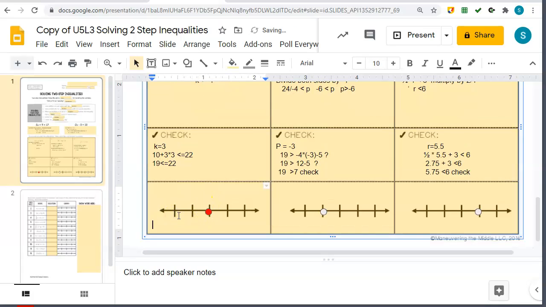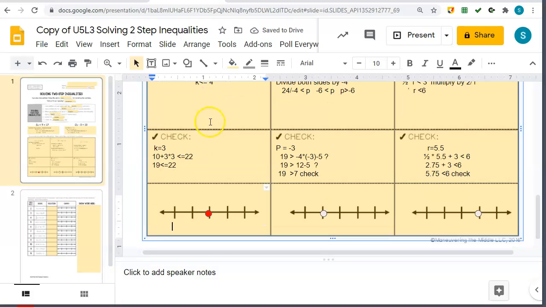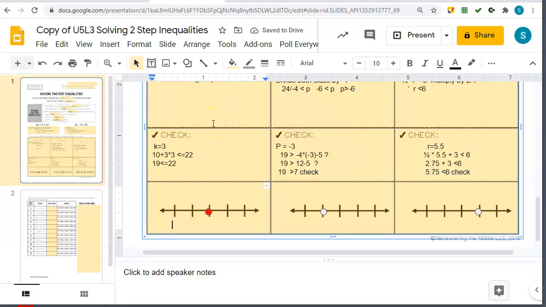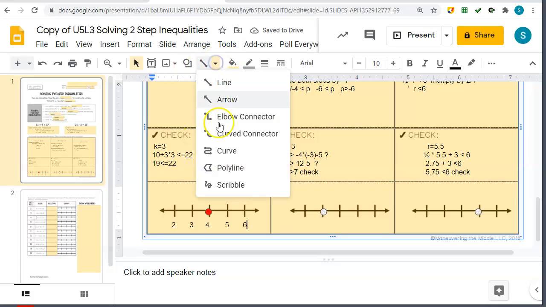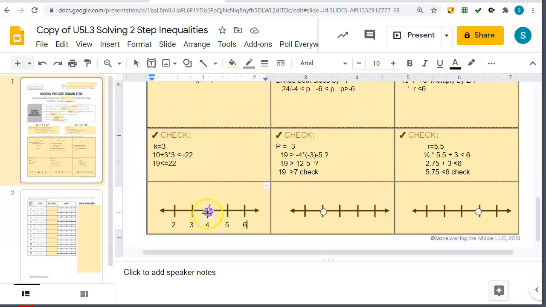So let's go ahead and think about it. What we want here is 4. So let's make this 2, 3, 4, 5, 6. Let's draw our arrow. Arrow tool.